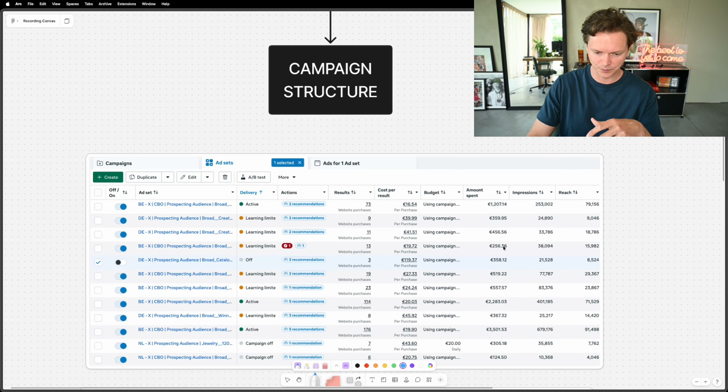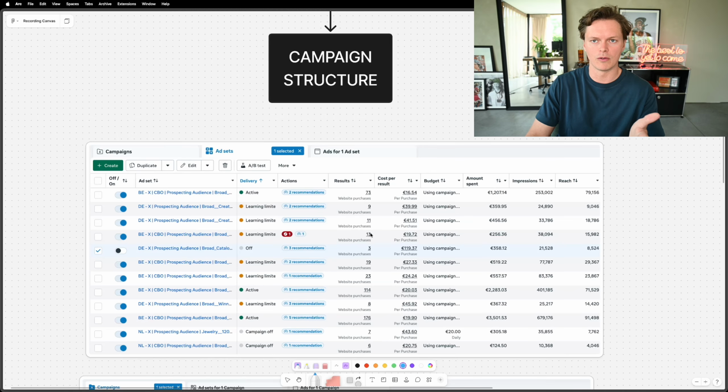You could have a built-out campaign structure like this customer here, where they are spending across multiple ad sets combined over 4 campaigns. The campaign level nowadays, with the Andromeda update and the way we are running ads in 2026, is completely different than it was before. So mostly you have 2 campaigns.